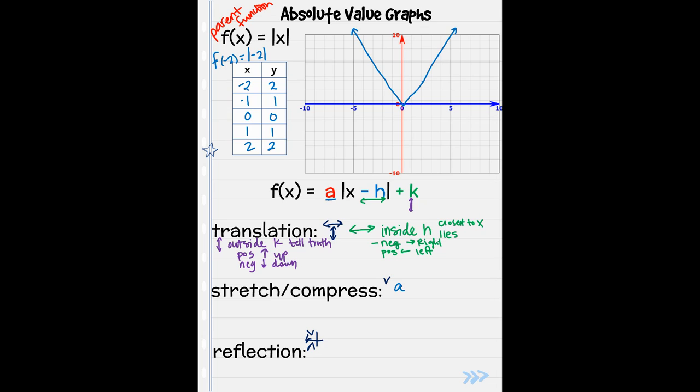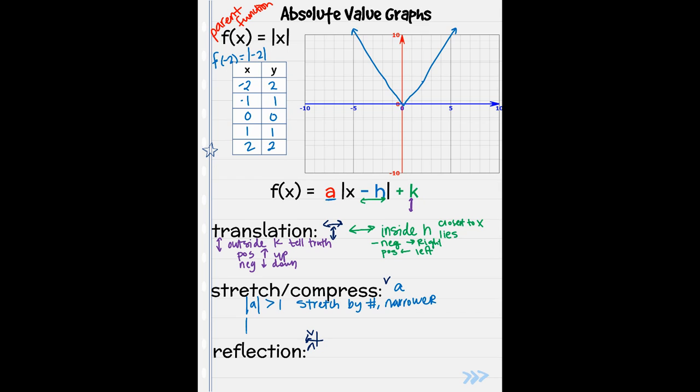So you're looking at your A. If the absolute value of A is greater than 1, then you stretch by that number, and it is narrower.